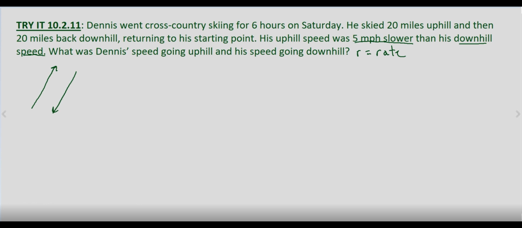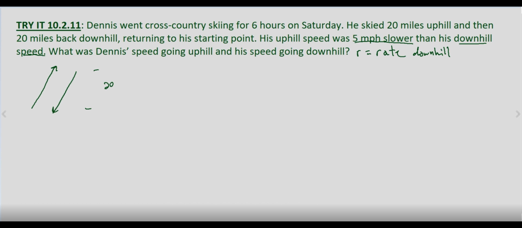So let's call his rate going downhill R, because that's how it's stated in the problem, since we're told that uphill is 5 miles per hour slower. So we know that both of these are 20 miles.